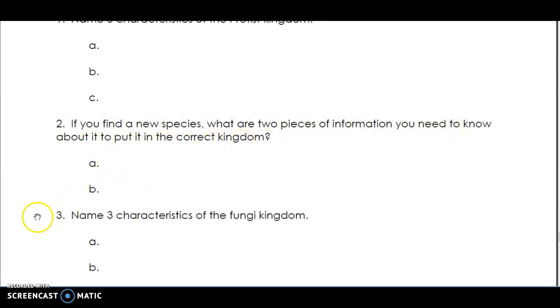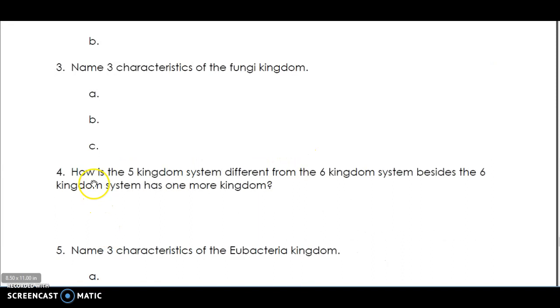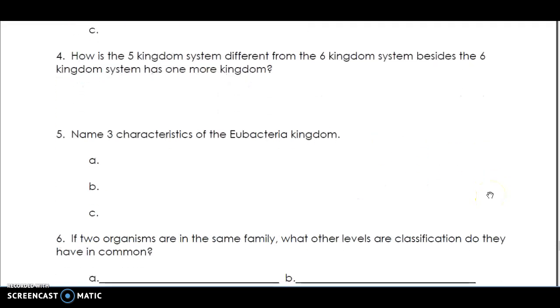So that's answers A and B. 3, name 3 characteristics of the fungi kingdom, A, B, and C. 4, how is the 5-kingdom system different from the 6-kingdom system besides the 6-kingdom system has one more kingdom? So in this question, it's asking you what is the difference between them. There's a different kingdom name from the 5-kingdom system than the 6-kingdom system. So what was that different kingdom name?